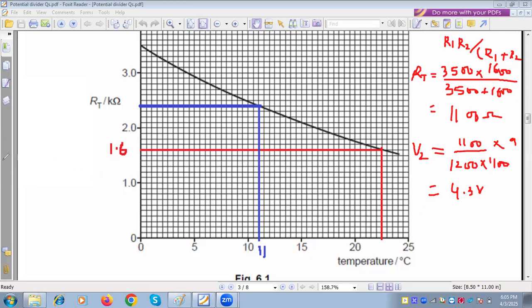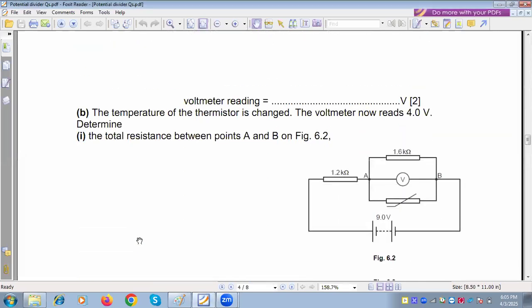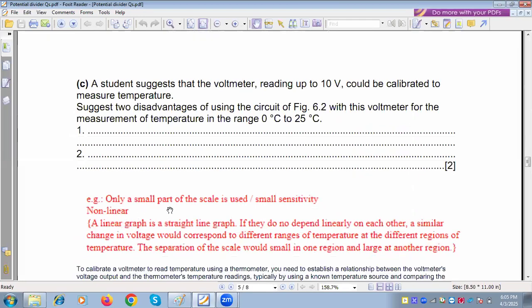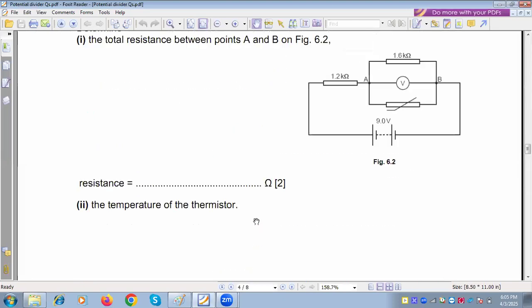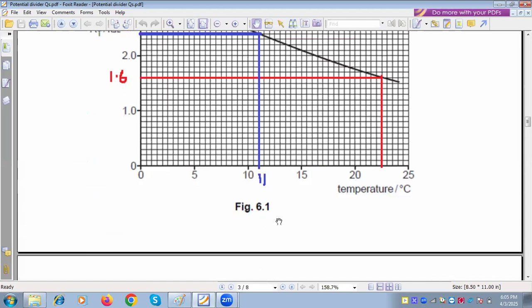And let me go to the question. See, so only a small part of the scale is used because the potential difference, what was the potential difference for 22.5 degrees Celsius?